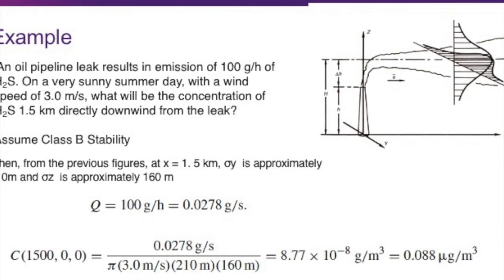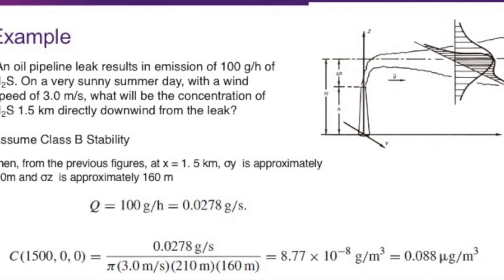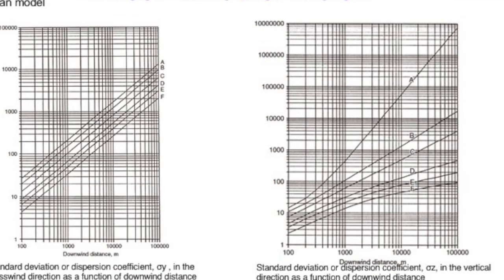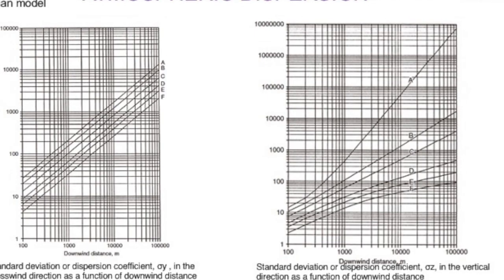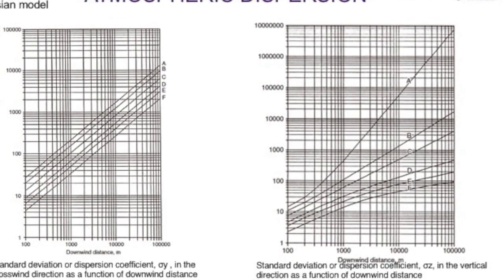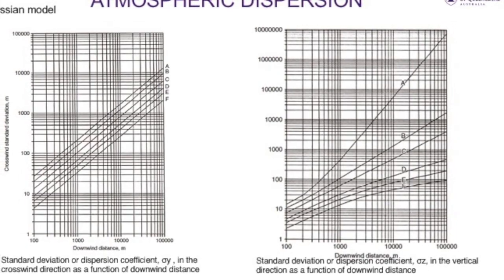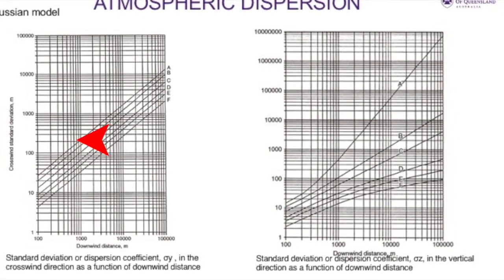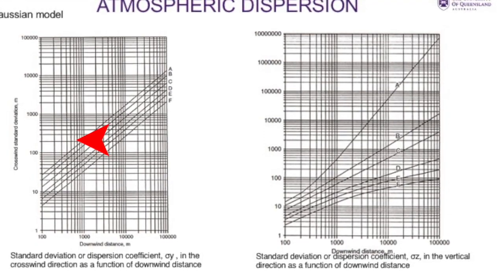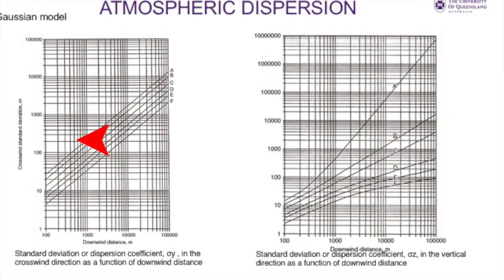To start solving the problem, we're going to use the class B stability. Then from the figure, we're going to estimate at 1.5 kilometers the standard deviation for Y, and this is approximately 210 meters.